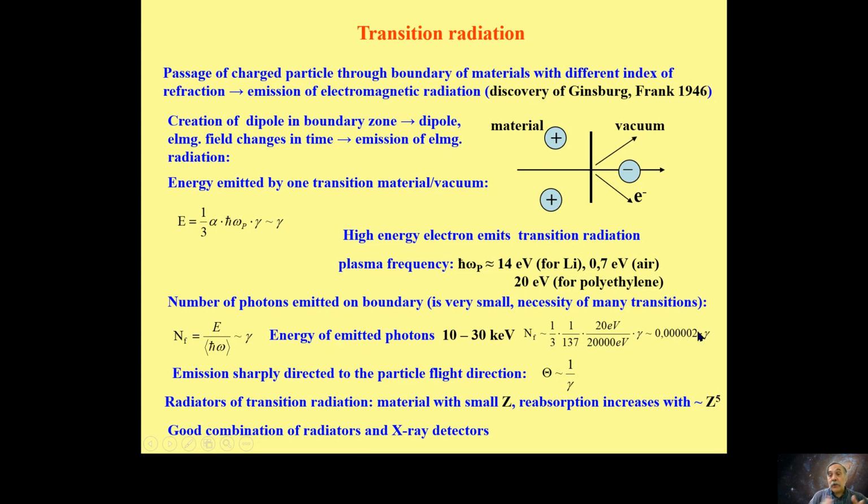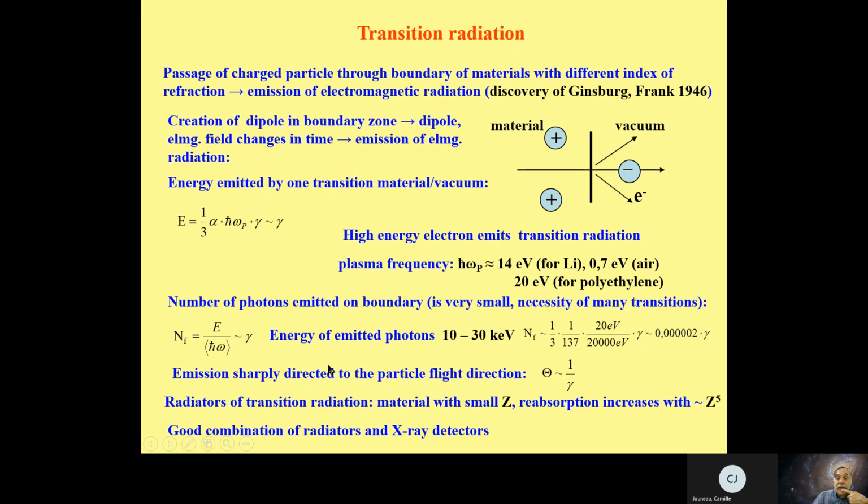That means it's necessary to have many hundreds of these layers. As I said, it is necessary to have many layers of this material because the probability of emission of a photon is very, very small.